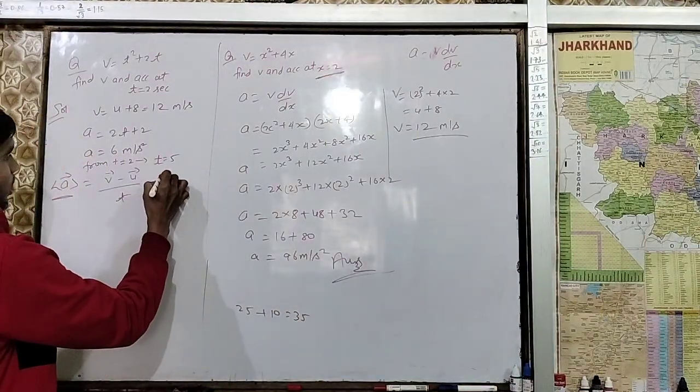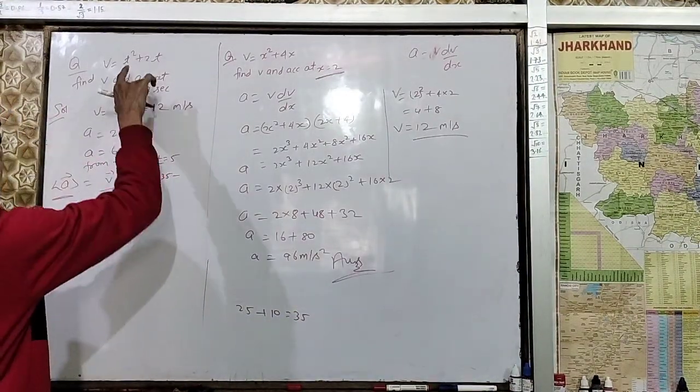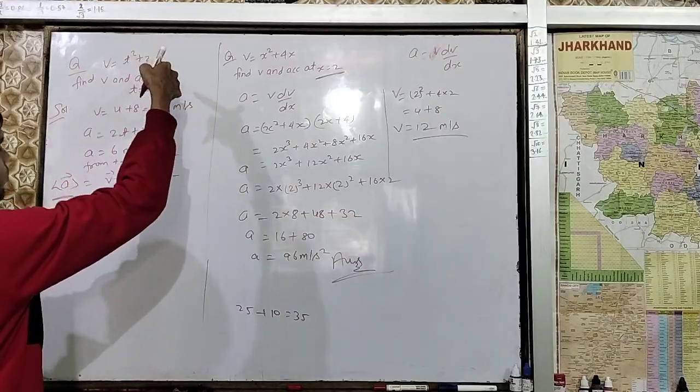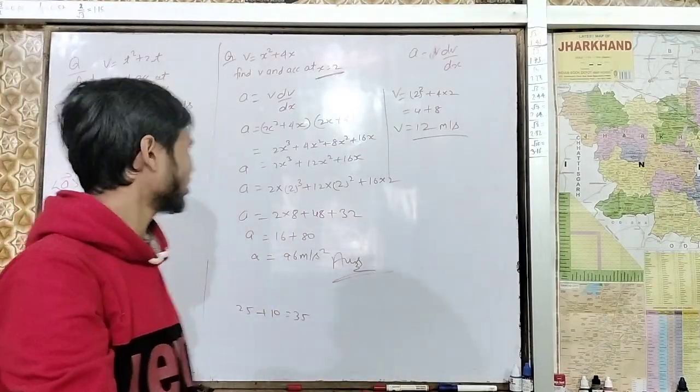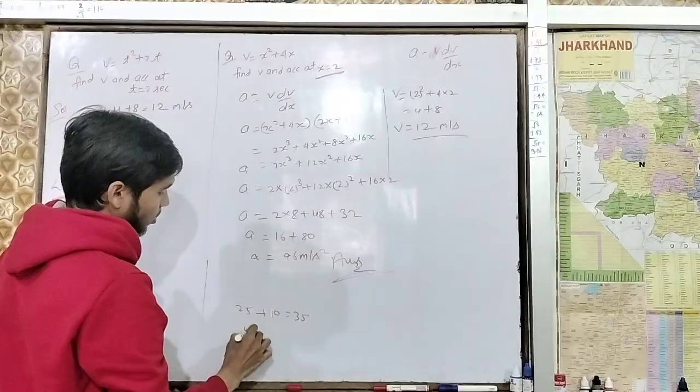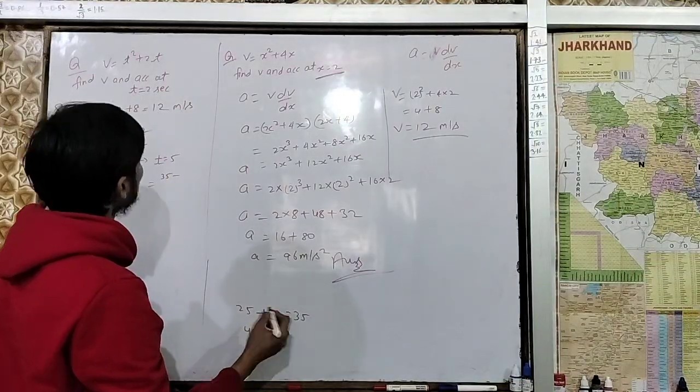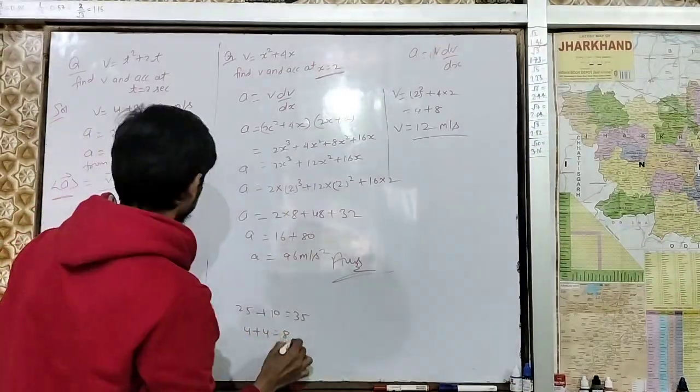So the final velocity is 35. The initial velocity would be 2 fours are 8, plus 4, 12. So 35 minus 8.